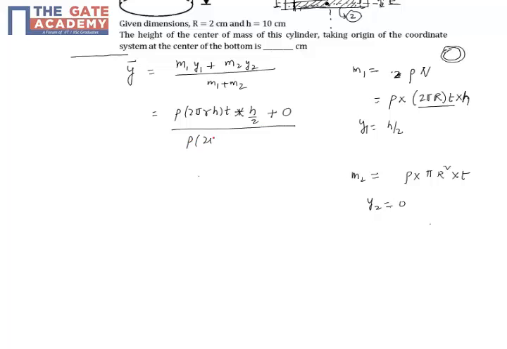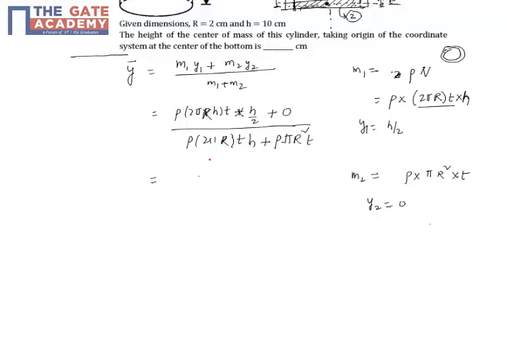M1 plus M2 is rho 2 pi R h t plus rho pi R square t, where everything is capital R, even though somewhere I have written a small r. The thickness gets cancelled, that's why there was nothing mentioned about thickness. You can do the same problem considering area instead of volume, and the answer will be the same. But as a full-fledged approach, I always write mass as density into volume.